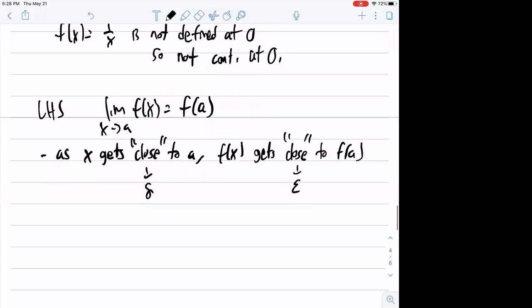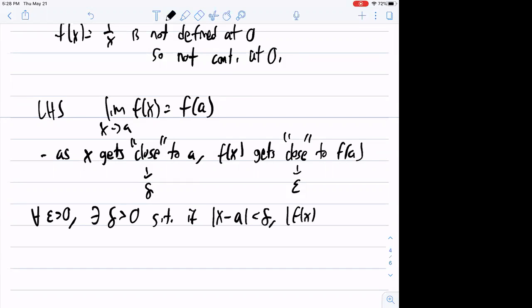So the definition is given by: for all epsilon bigger than 0, there exists delta bigger than 0, such that if |x minus A| is less than delta, then |f of x minus f of A| is less than epsilon. So is everyone clear on this, right?